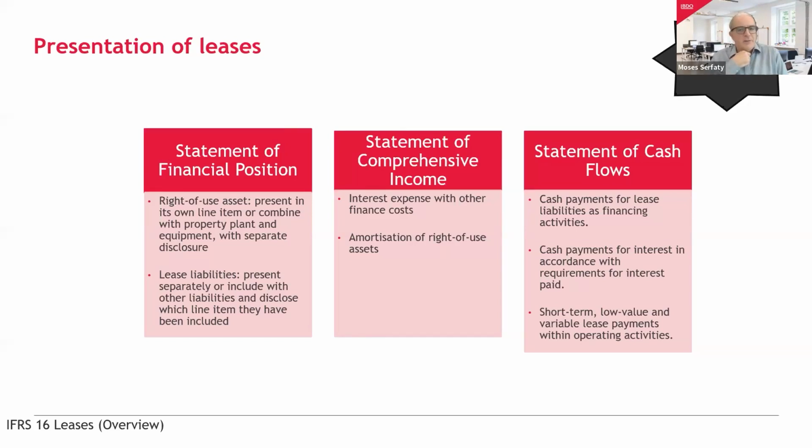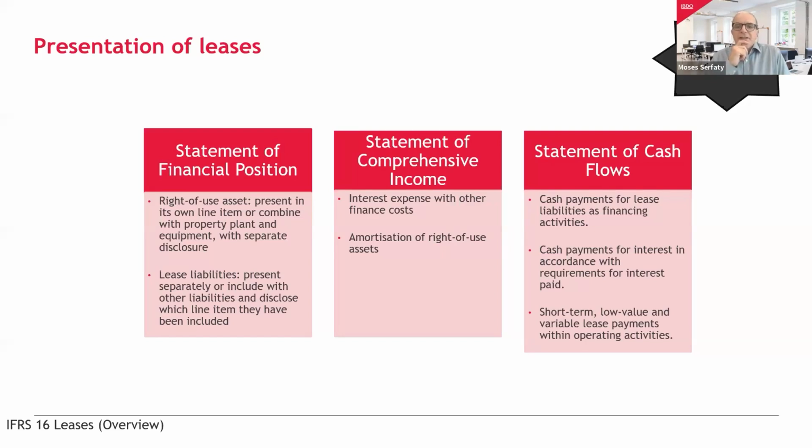In terms of the cash flow, and this is probably where there's a fair amount of change. So those lease payments, which you would have previously included in operating, let's say for your property leases, those now move in part to financing activities because you're now paying off a lease.